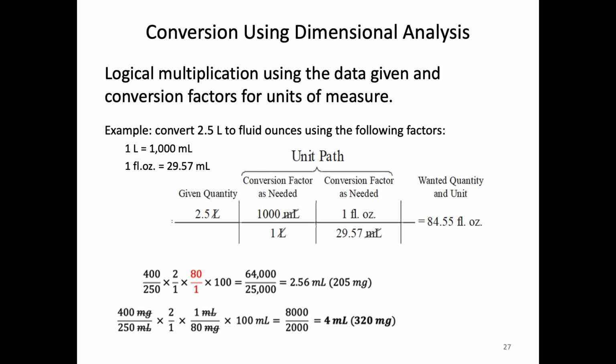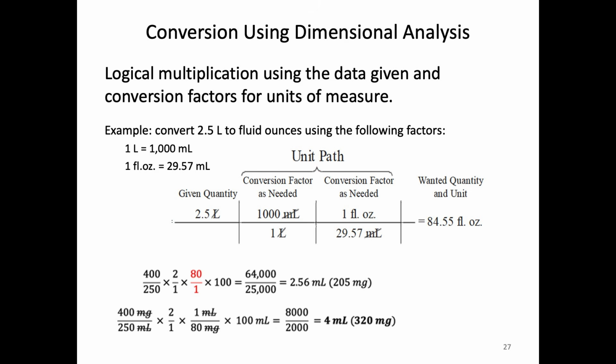But I want to get to fluid ounces, so I have to use my second conversion factor. Keep in mind, I need to cancel milliliters, so what has to go in the bottom is the number with the milliliters. I put 1 fluid ounce on top over 29.57 milliliters. That way milliliters cancel, and my last units will be fluid ounces.